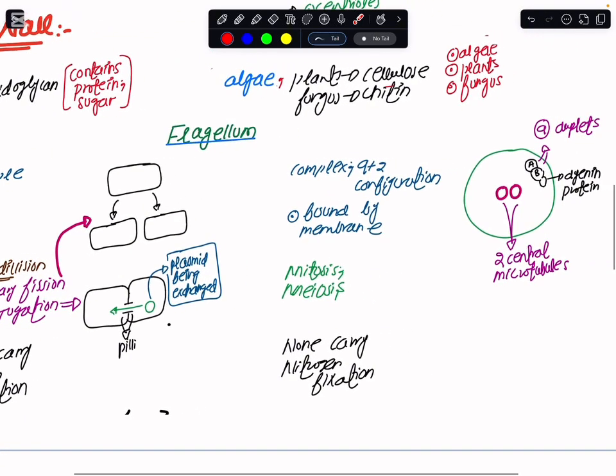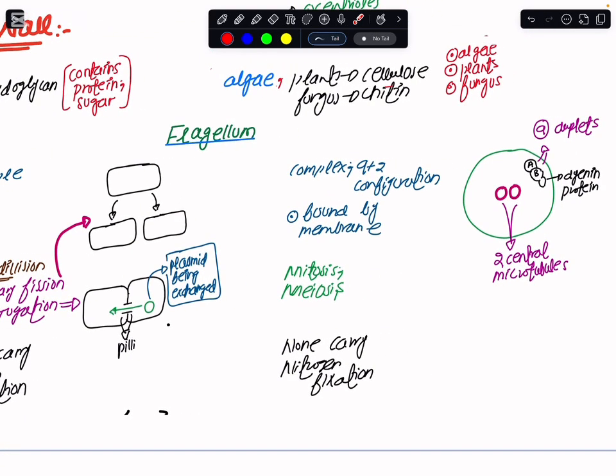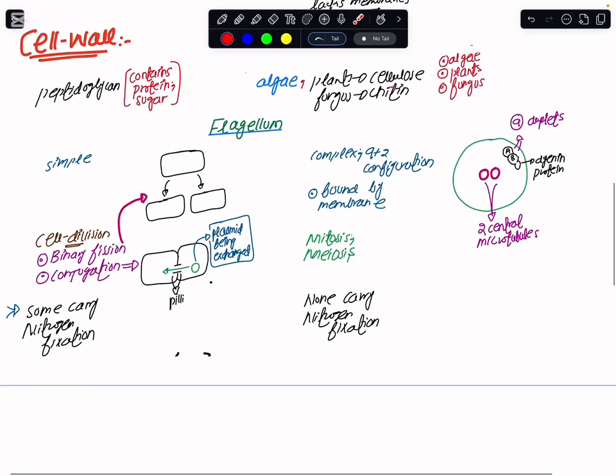You can go back to my previous lecture where I talked about the configuration of the microtubules in eukaryotic cells. It was the 9 plus 2 configuration, where we have two central microtubules surrounded by 9 doublets of microtubules. And the flagellum in the case of eukaryotes is membrane bound. This is not the case with prokaryotic cells.